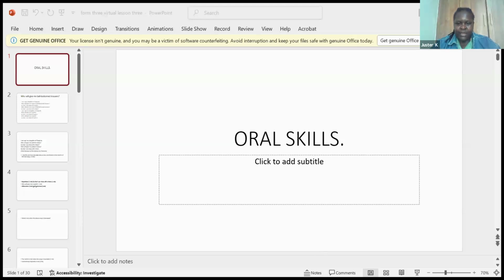The last time we had this Form 3 lesson, we were talking about question 1 in paper 1, and that is the functional writing. We were able to discuss some few areas that were mainly key areas. We talked about the report writing. We also discussed several types of reports.